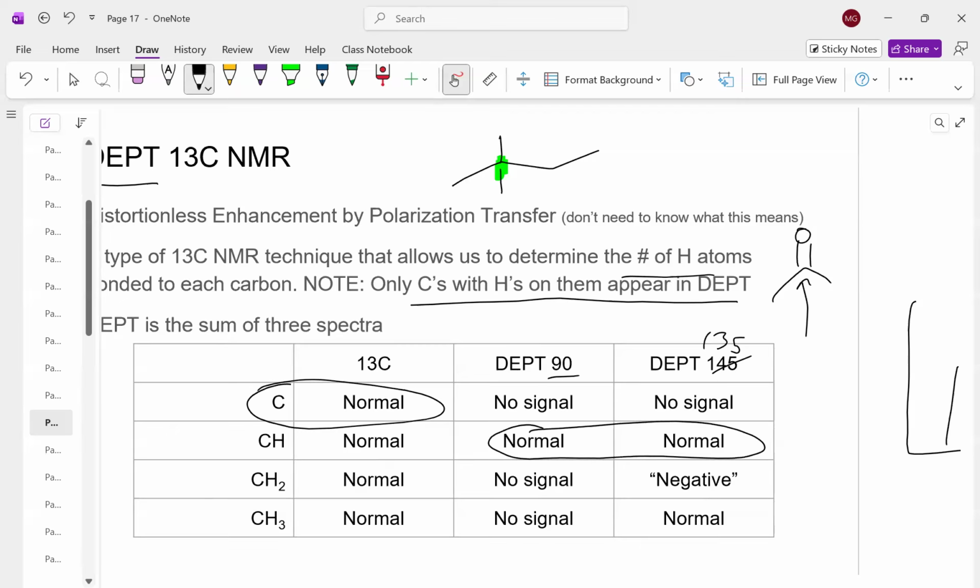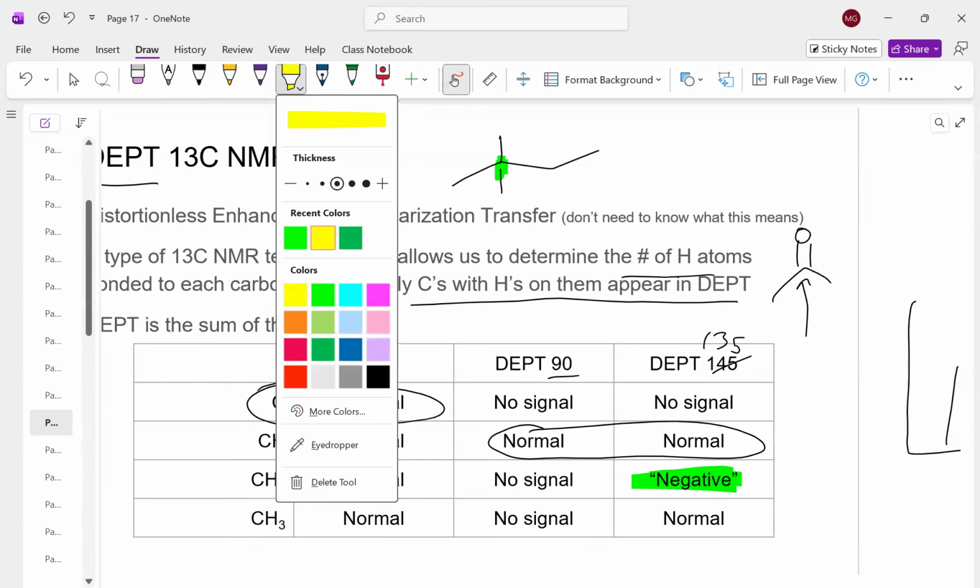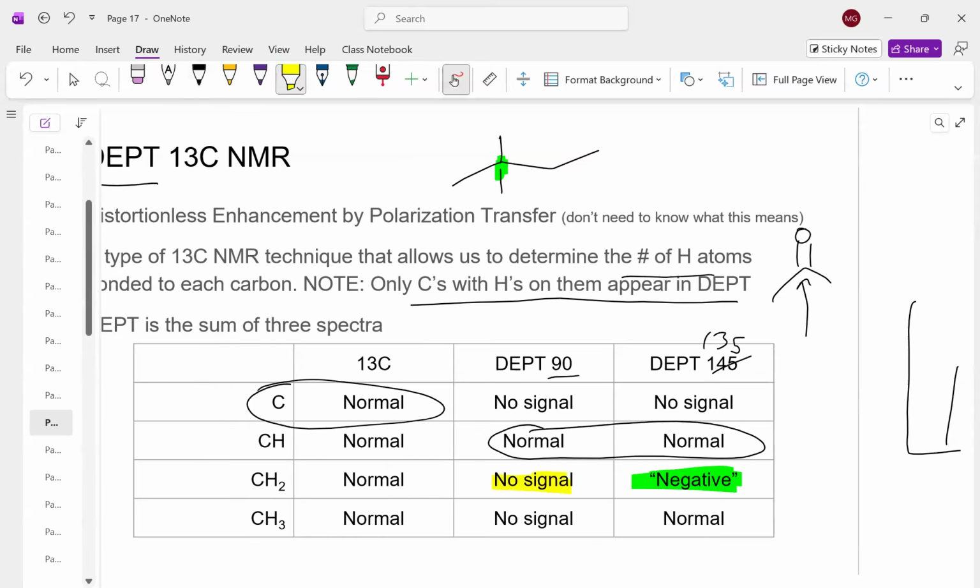CHs will appear as normal signals in both of them. However, CH2s show up in the DEPT 135 as a negative signal. But note that they don't show up at all in the 90 version.